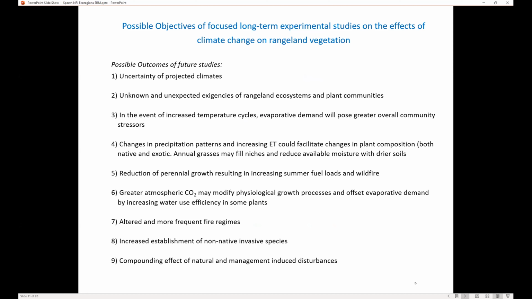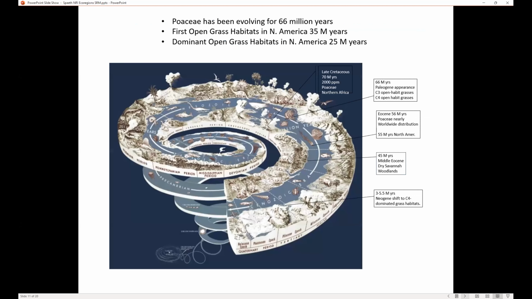So when you think about climate change and rising CO2, I thought it would be interesting to quickly look at the evolution of grasslands over the geologic history. 70 million years ago, members of Poaceae started to appear in Northern Africa. By 66 million years ago, there were open habit grasslands of both C3 and C4 grasses.